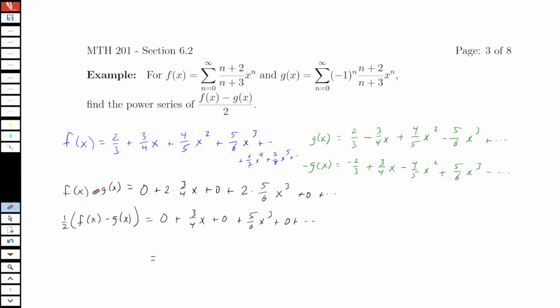So the next one that doubles up, the 6/7 one would have canceled, but the 7/8 one would have doubled up, 7/8 x to the 5th. So when I multiply that in by half, the doubling up cancels. We have that 7/8 x to the 5th. Okay, and I think this is enough to see a pattern.